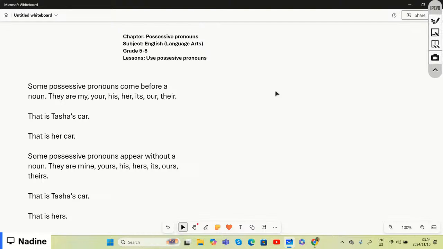We're doing grade 5 to 8. And the lesson that we're going to be focusing on under the chapter of possessive pronouns is to use possessive pronouns.